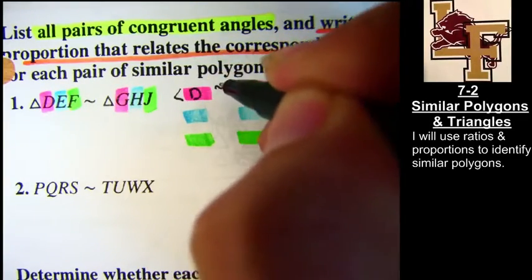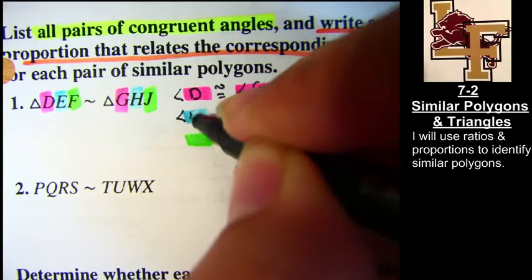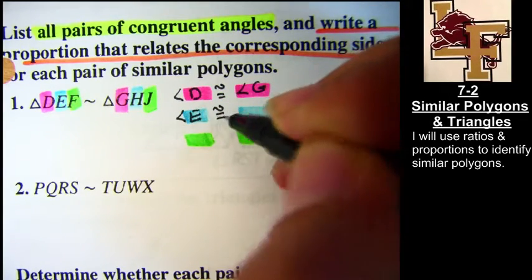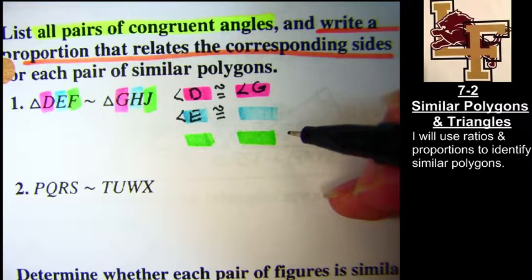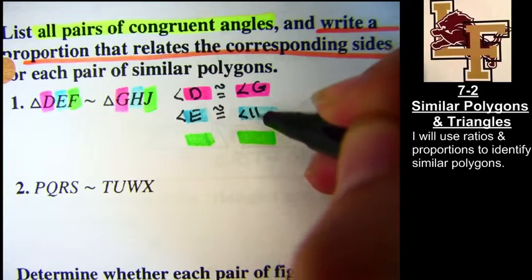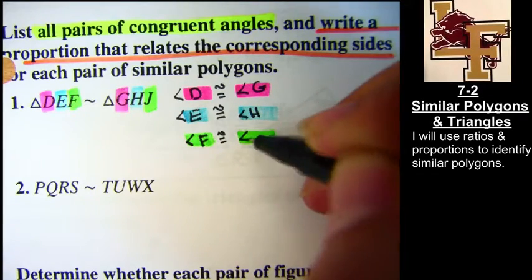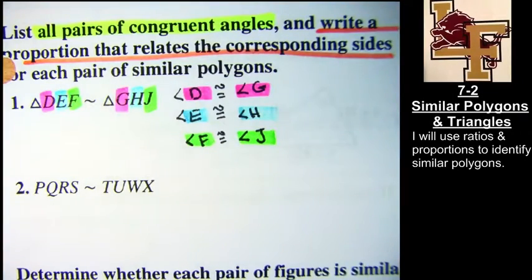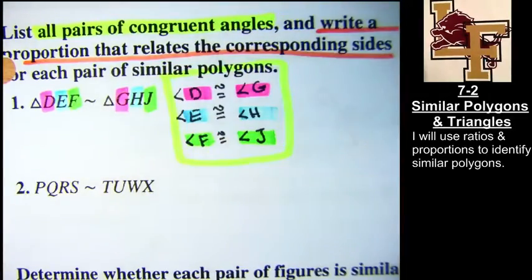Angle D is congruent to angle G. Angle E is congruent to angle H. Angle F is congruent to angle J. Good job. There's your pairs of corresponding angles.